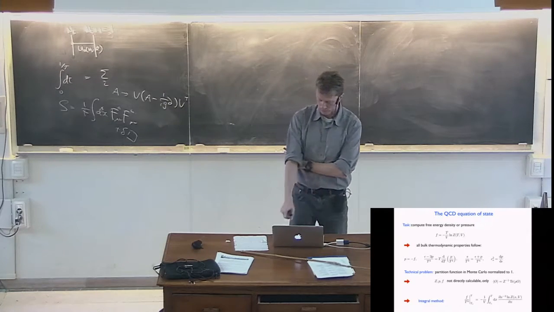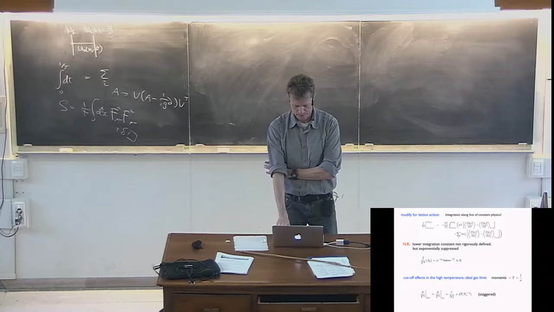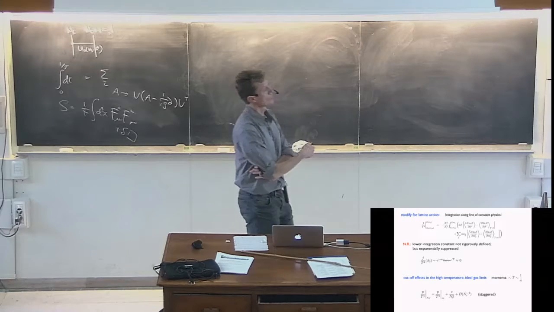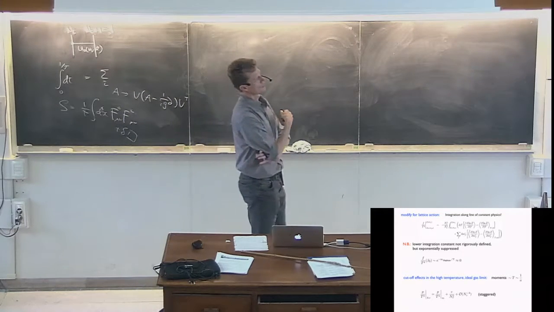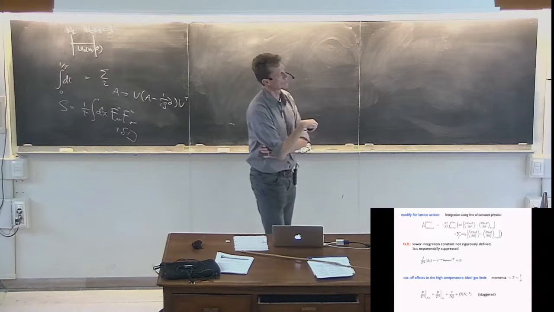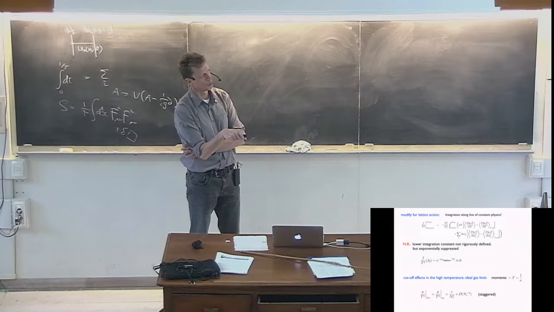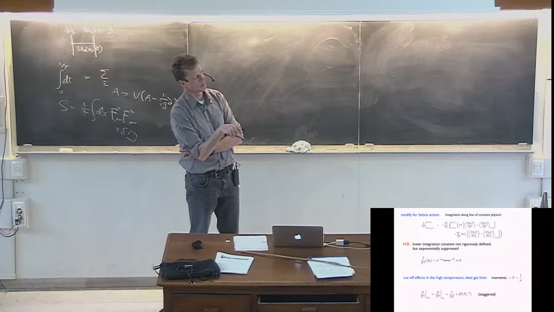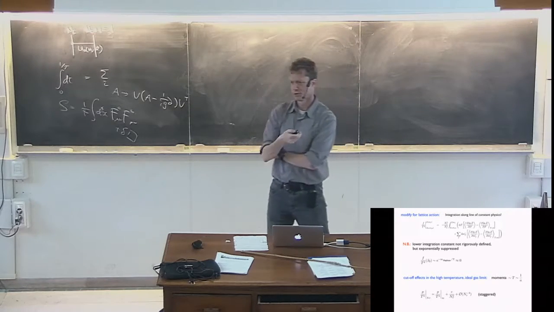Another technical complication in order to get this quantity. Okay, then you have to translate this to the lattice action, and maybe we'll skip that unless you want to do this yourself. It's not so terribly important. What I want to stress here is the bottom line on this slide again. This is again what we discussed earlier and what you remarked.